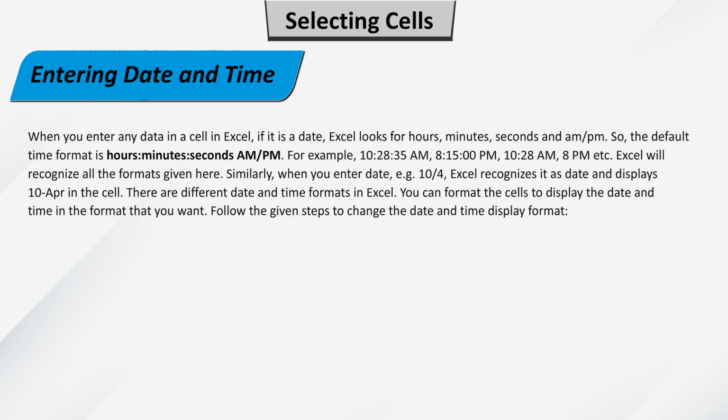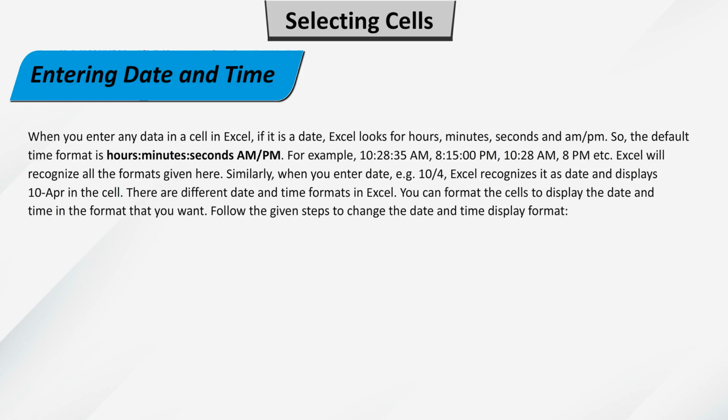Entering date and time. When you enter any data in a cell in Excel, if it is a time, Excel looks for hours, minutes, seconds, and AM or PM. So, the default time format is hours, minutes, seconds, AM or PM.